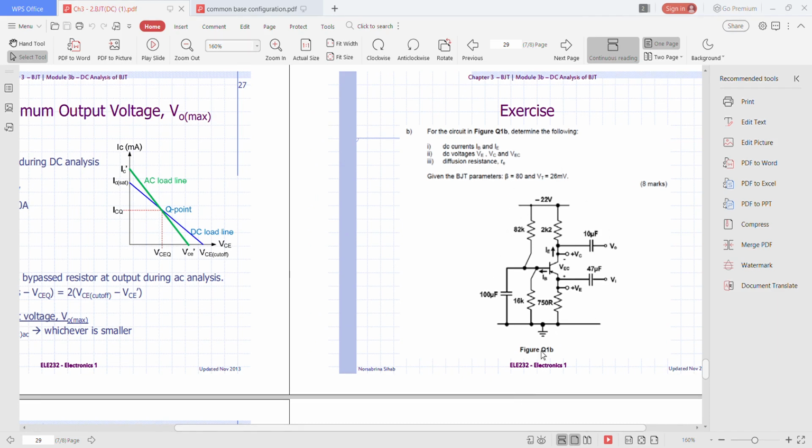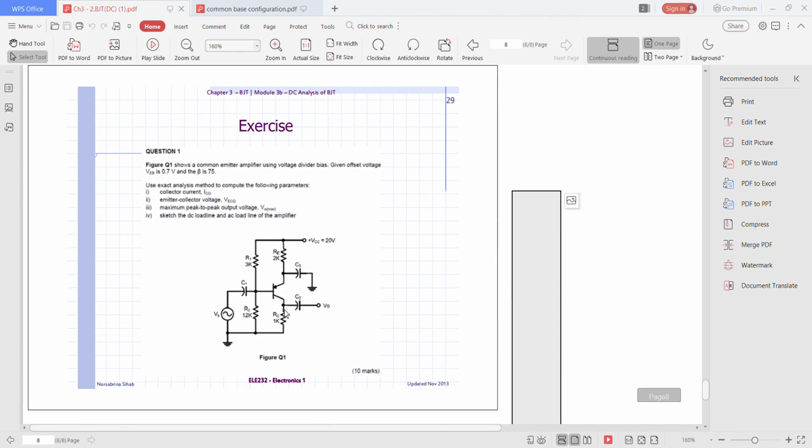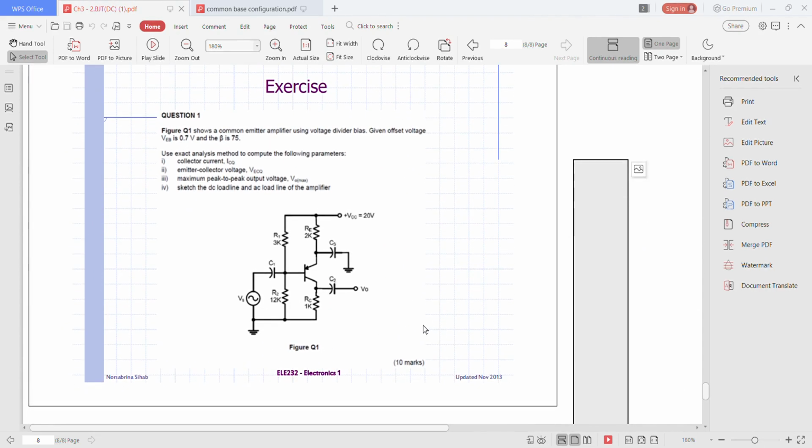You can try to refer to the voltage divider circuit. Minus 22 volt means that the voltage terminal is ground, and then plus sign, and then minus sign, and then go to RC and also R1 over here. So this is another exercise that you guys can try. This is also a voltage divider circuit.